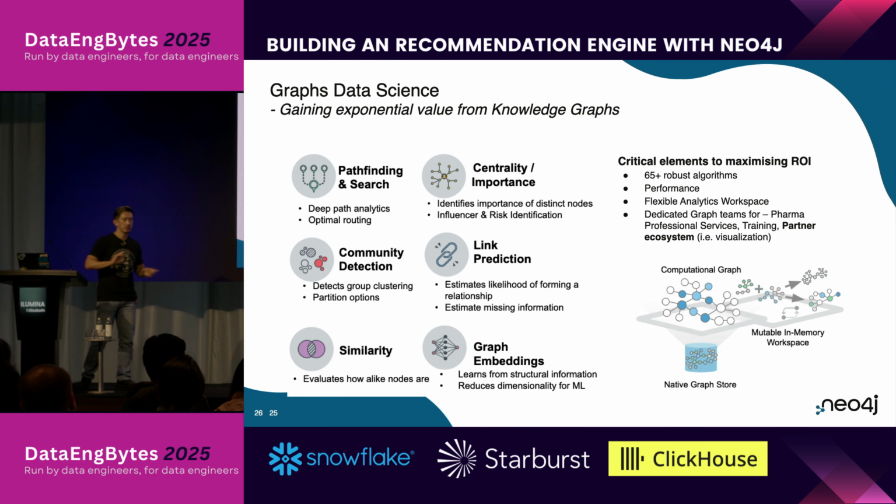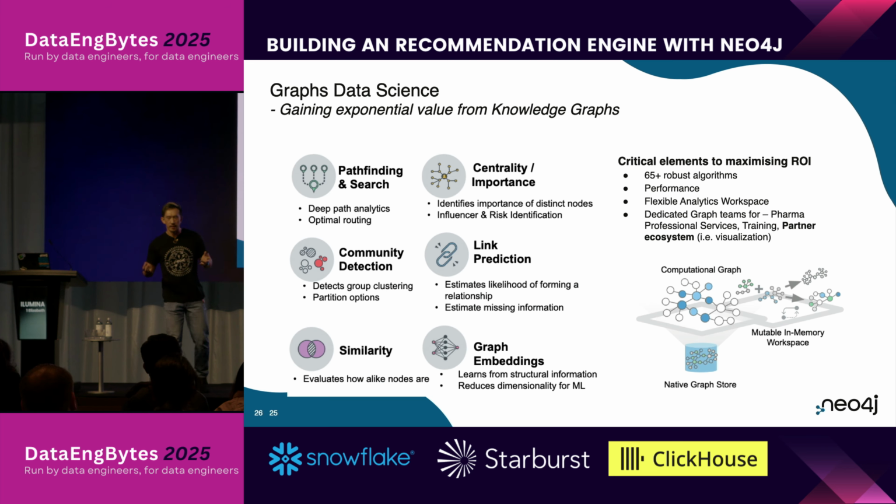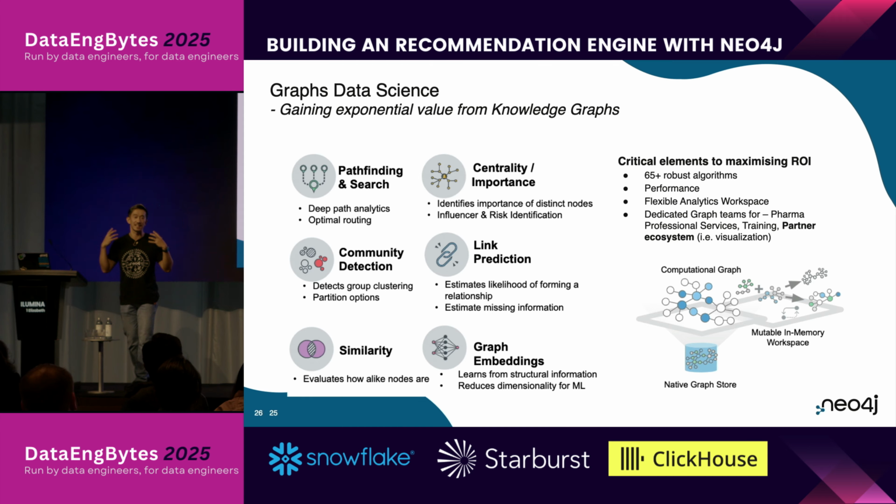Now, how can graph help beyond that? As I've mentioned, graph data science is another offering from Neo4j. We have 65 plus different algorithms you can run on top of your database. You don't even have to understand exactly how they run. We have extensive documentation explaining how that works in theory, like graph theorems and mathematical equations.